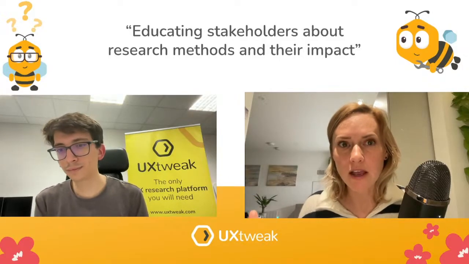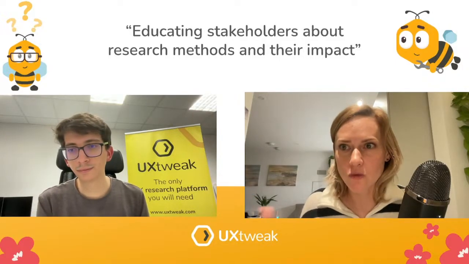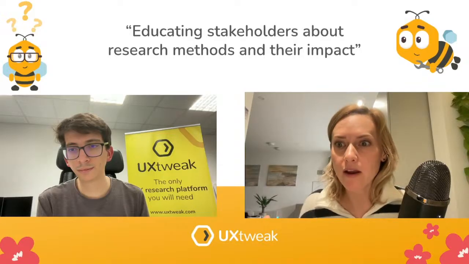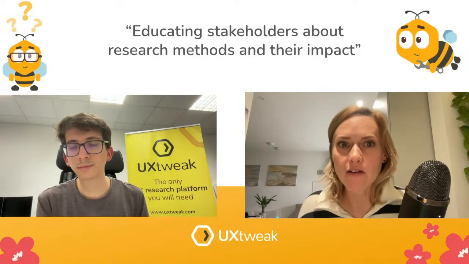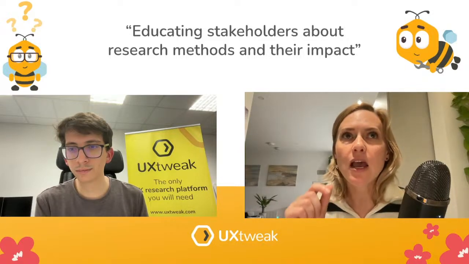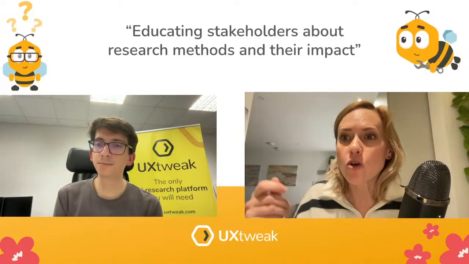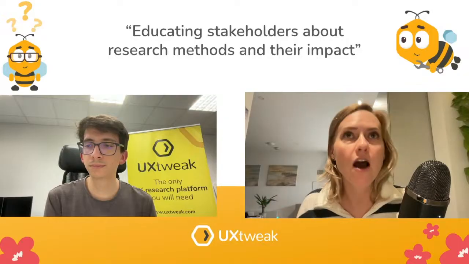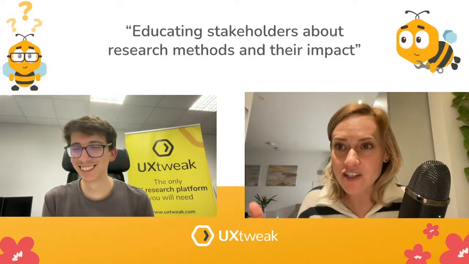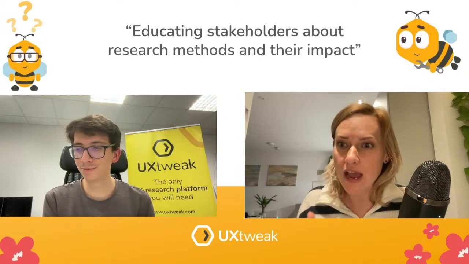So it's not fair for us to expect stakeholders to truly understand everything about research. And so I think education is a super great word for it. Sure, it could be condescending, but it's more like, hey, this isn't your job, so I can't expect you to know everything and do everything perfectly. So that's why I have started partnering a lot more with my stakeholders and being like, hey, what doesn't make sense to you? What does make sense to you? What questions do you have? What's confusing? And one of the most important points that helped me is that I continuously looked for feedback from my stakeholders. I mean, we just talked about how much surveys suck, but I would always send a stakeholder satisfaction survey after my research.